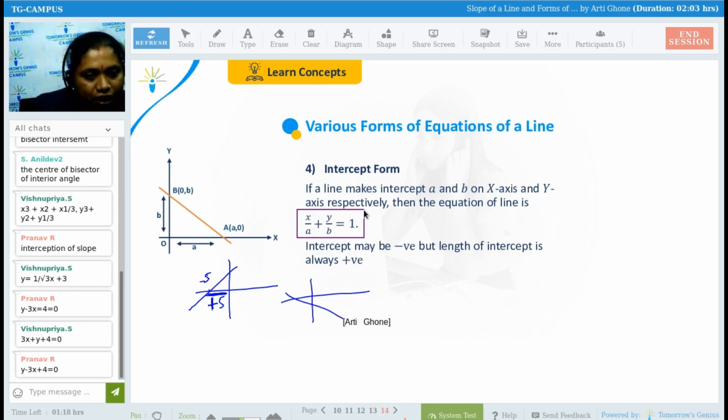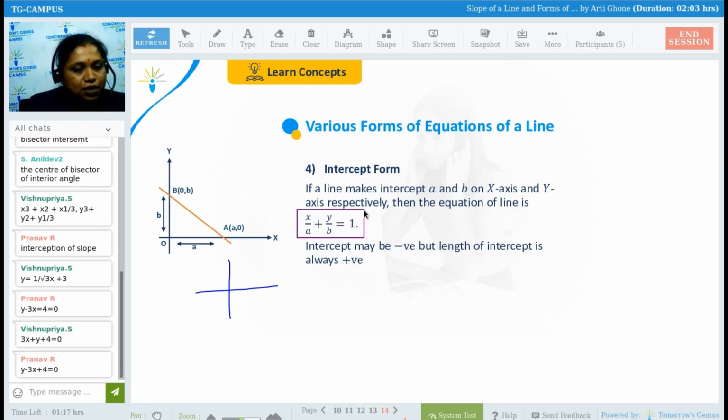Similarly, if this is intercepting at minus 1 and here at minus 2, then also it is 1 and 2. Clear? So basically intercept can be a negative value, but the distance we have to take, a and b, is positive. Length of intercept is always positive. Clear? This coordinate 0,b and a,0 can be negative, but this length is always positive.